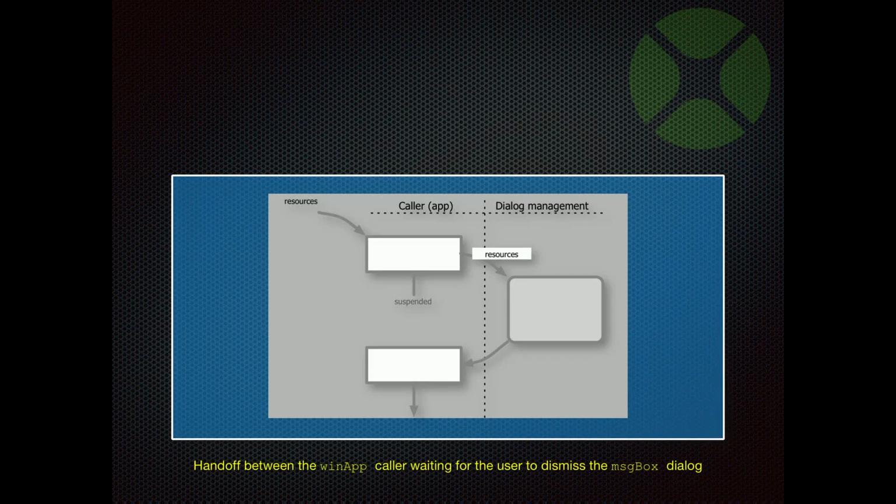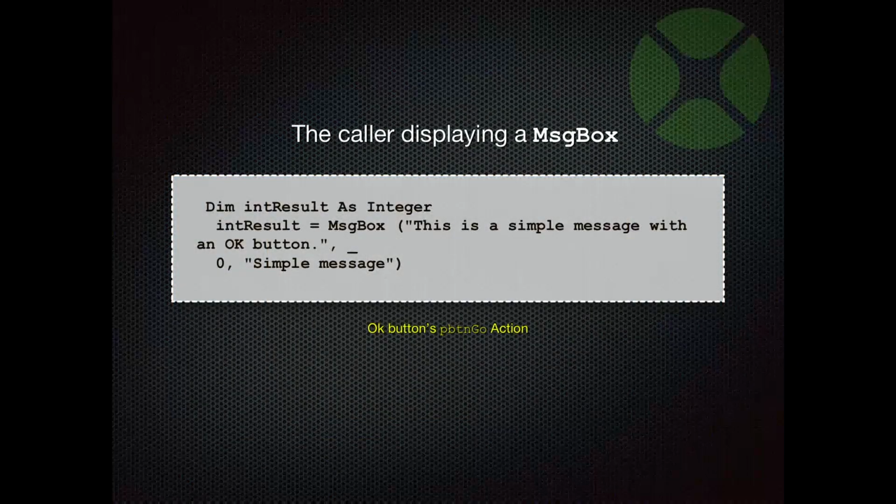If you look at it from a who's-doing-what view along this hierarchy, the caller will invoke the dialog box and will automatically be suspended. When the dialog box is properly dismissed, it is then returned, and the caller resumes. This is an example of code that could be used to invoke that.